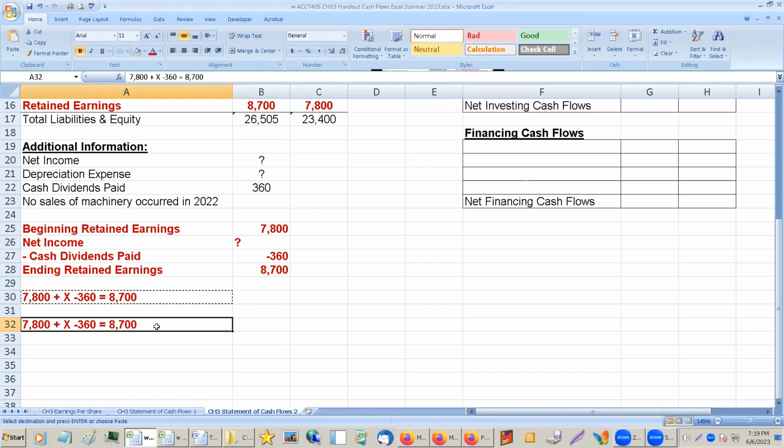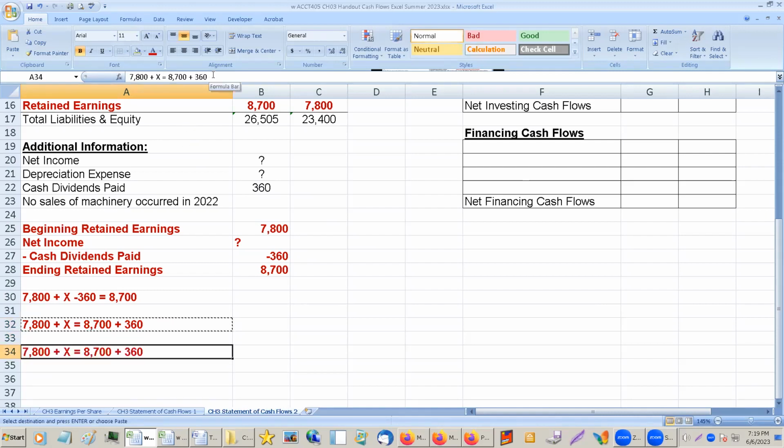Okay, so X, if we add 360 to each side, it'll look like this. This 360 will disappear. If we subtract 7,800 from each side, this positive 7,800 will disappear.